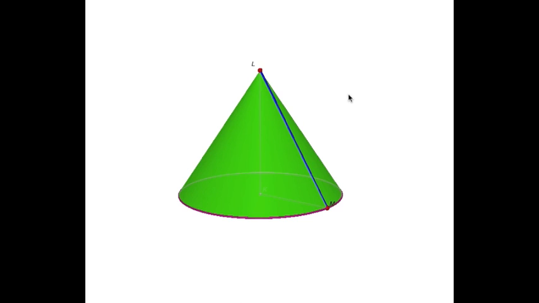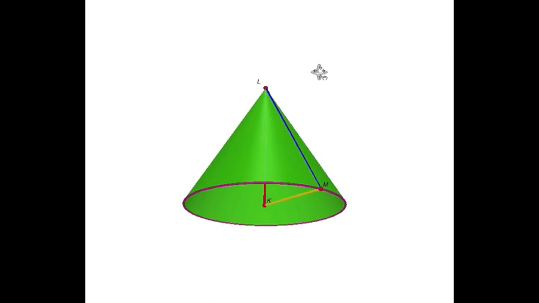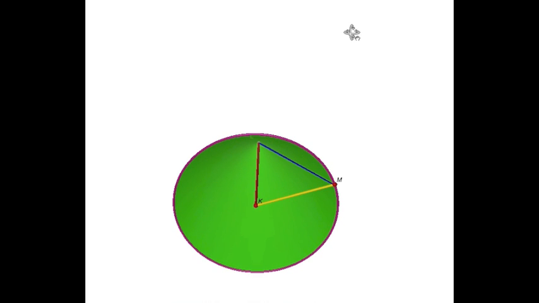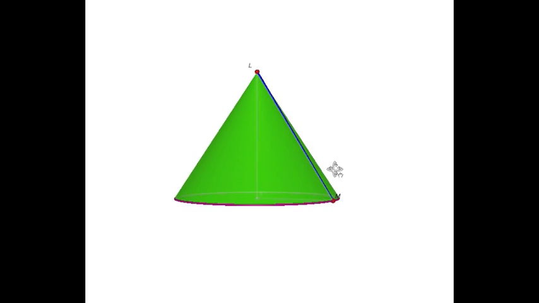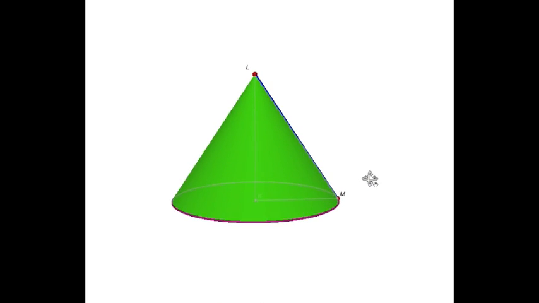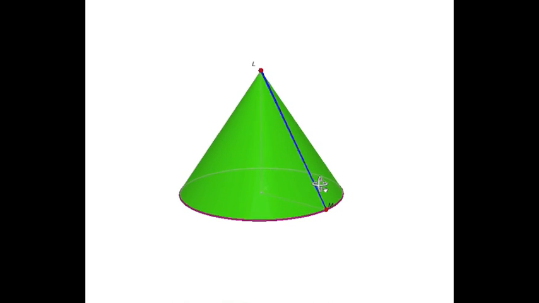Next, let's take a look at surface area of cones. First, we'll describe some of the special segments of a cone. Cone, and you'll notice the base of the cone is this circle, so circle centered at K. The lateral area would refer to all of this green area.